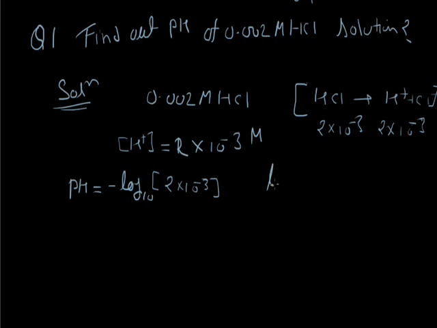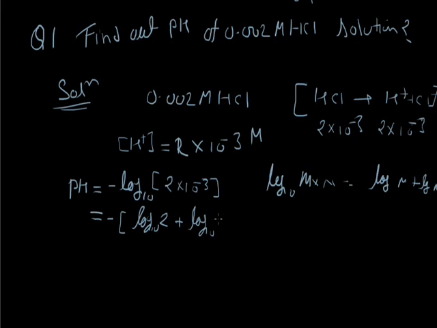So we know that log base 10 of m into n is equal to log m plus log n. So now we can write negative, log base 10 2 plus log base 10 10 to the minus 3.